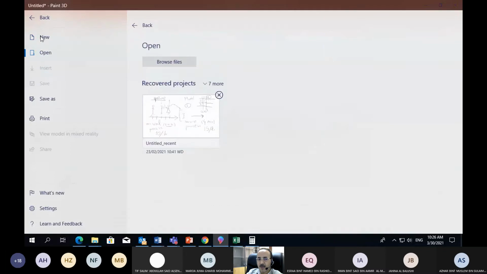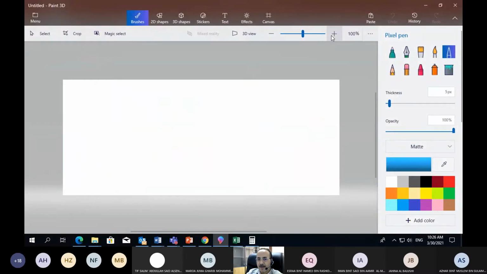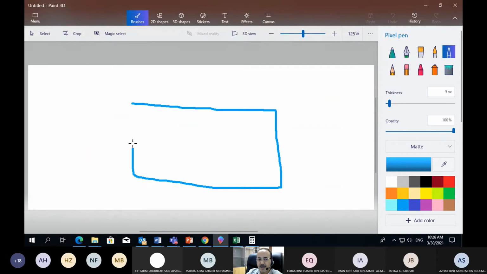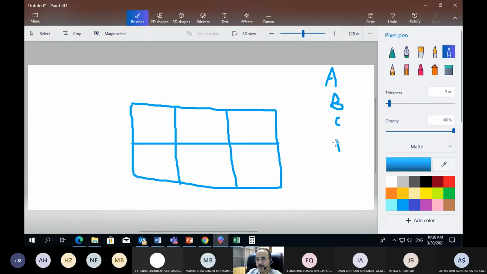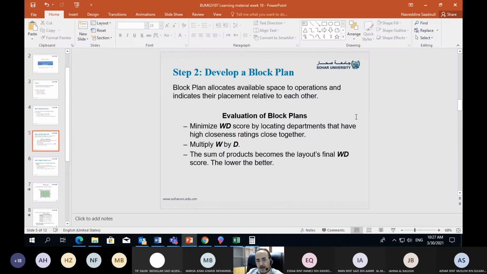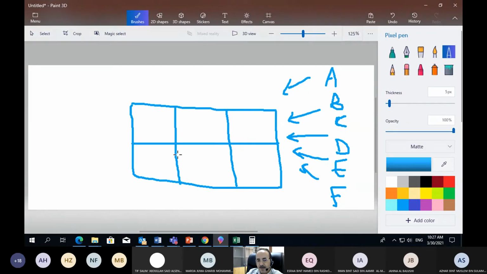Meaning, in general, we will have a facility that is, let's say, divided into 6 parts, or 4 or 10 or however many departments, and I have as many departments or units that I need to decide where to put in this available space.